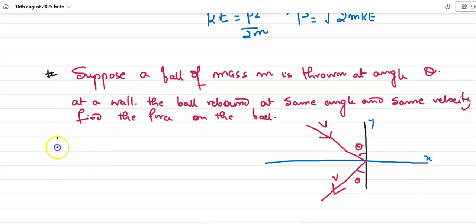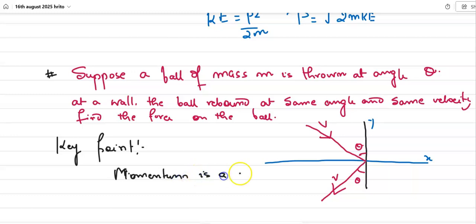তো এখানে যেটা key point, the key point to solve this problem, the key point to find the required quantity, main concept is that momentum is a vector quantity.